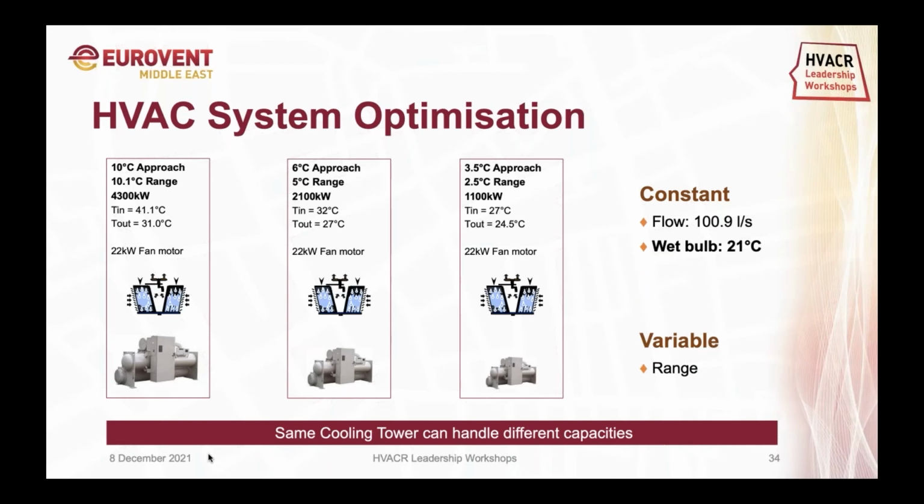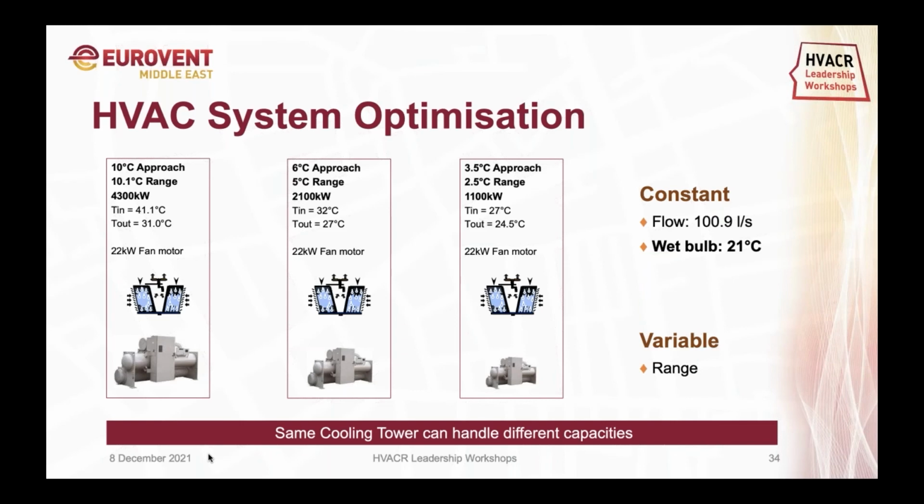So in this slide, what I'm trying to show is that I have selected one cooling tower. The same cooling tower can deliver 4300 kilowatt, but it can also deliver less, 1100 kilowatt. But why? It's because of various variables. It depends on what range it is working on and what approach it is working on.